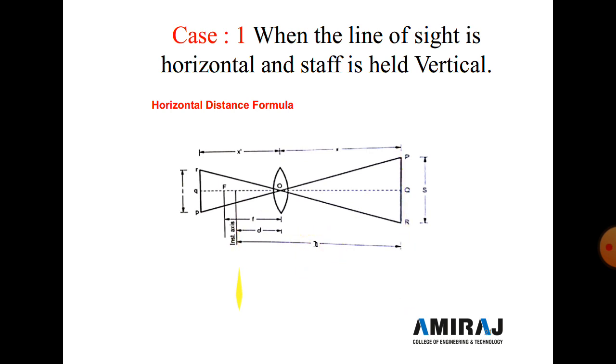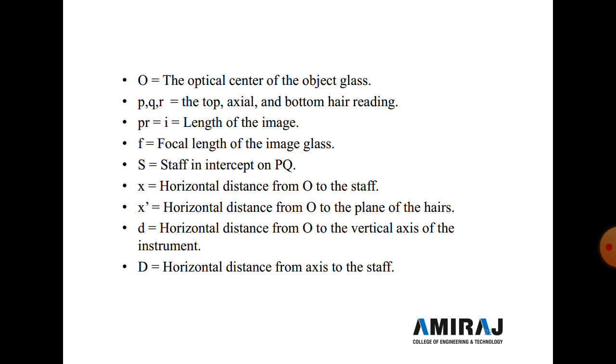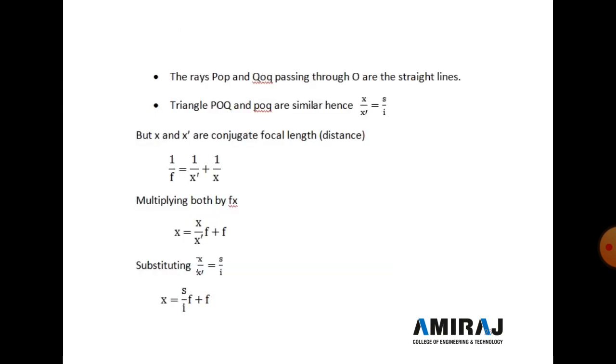Small d is the distance between the instrument axis and the lens. x is the horizontal distance from O to the staff, and x dash is the horizontal distance from O to the plane of the hairs. Let's take a triangle.